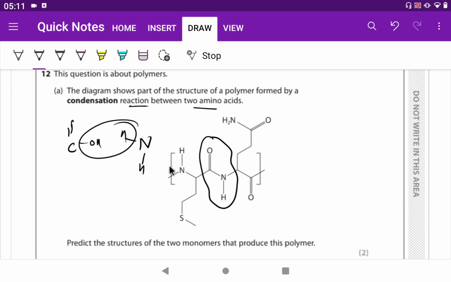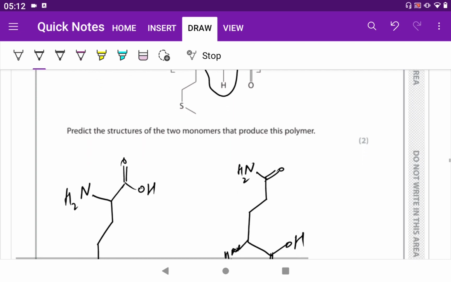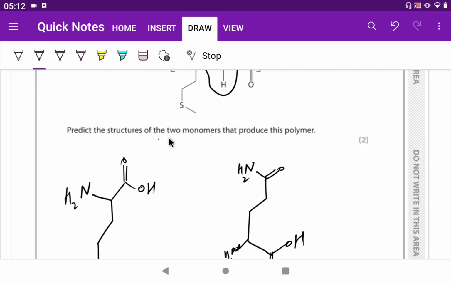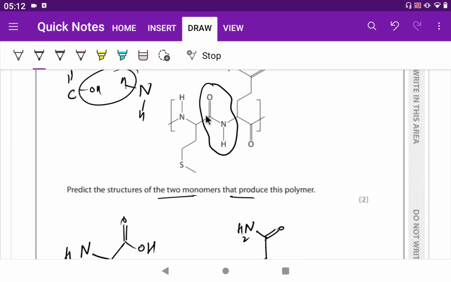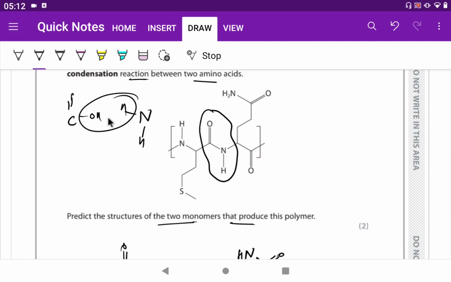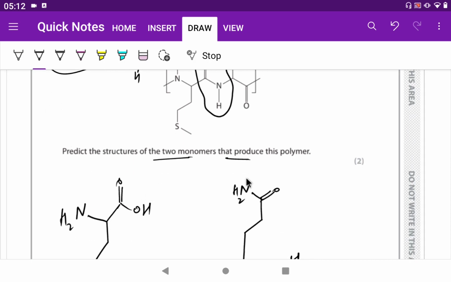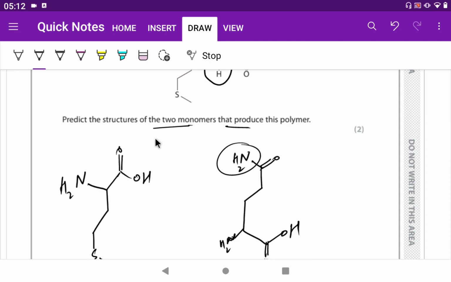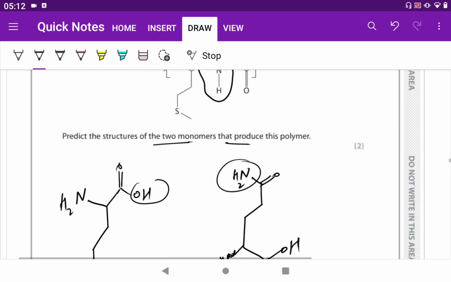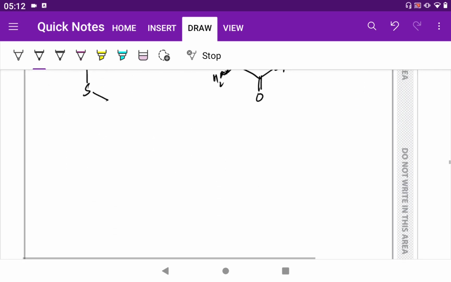So this water molecule will be released and this bond will form. Predict the structure of the two monomers that produce this polymer. It means one monomer should have the carboxylic group and another monomer should have this amine group. So when they react, water will be removed and they combine together. So we can make this.